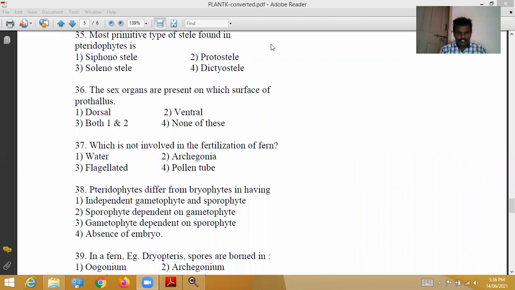Okay, next page. Which is not involved in the fertilization of fern? Fern plants belong to the pteridophytes. In pteridophytes, water is involved in the fertilization process. Archegonia are involved in fertilization.